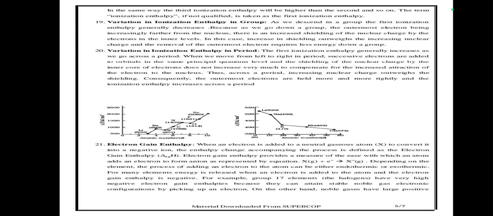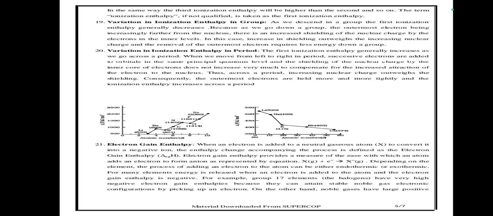Depending on the elements, the process of adding an electron to the atom can be either endothermic or exothermic. For many elements, energy is released when an electron is added to the atom, and the electron gain enthalpy is negative.